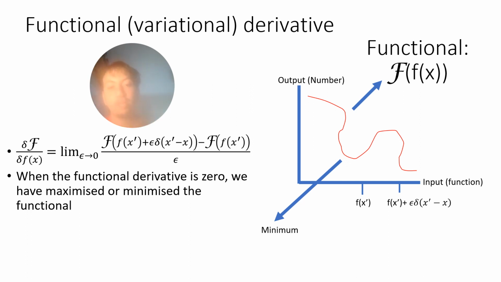So we can summarise that by saying when the functional derivative is 0, that is when our output number is either at a maximum or minimum, a local maximum or minimum. We have maximised or minimised the functional.